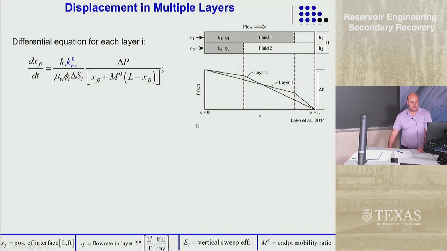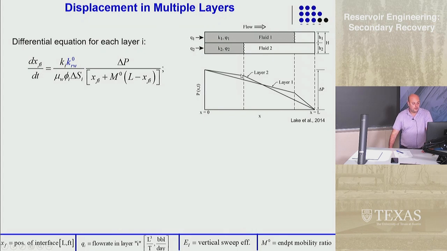If you look at the pressure versus distance, you can again calculate all this with your equations and make plots, but qualitatively speaking, if you had layer 2, and this is for a high mobility ratio, then you're going to have low resistance up until the interface, and then more resistance, so the pressure gradient is going to be high.